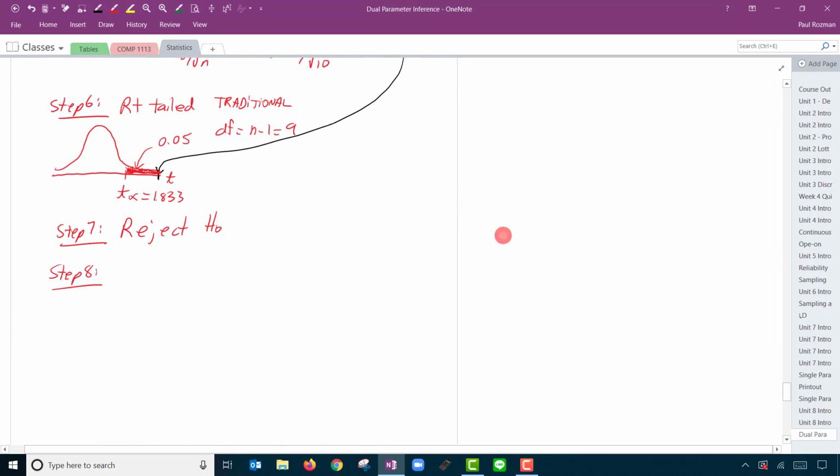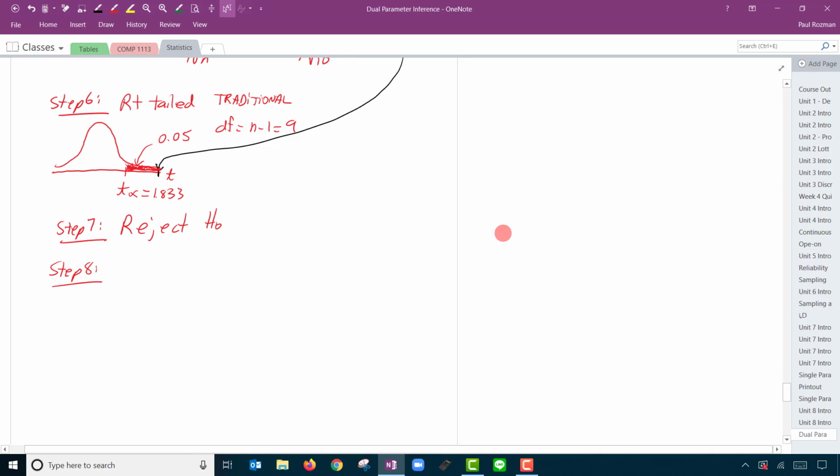So we can say the sample data supports the claim at alpha equals 0.05.